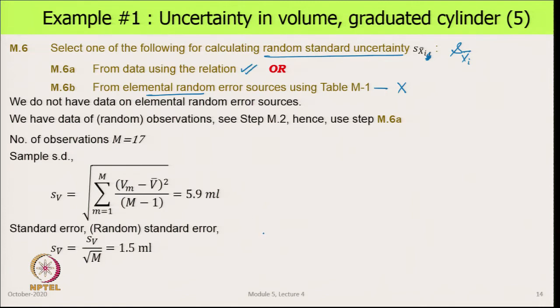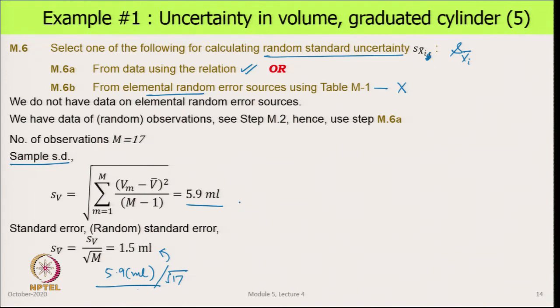Using that data, we calculate the sample standard deviation, which comes out to 5.9 milliliters, and the standard error, which is 5.9 divided by square root of 17, and this is 1.5 milliliters.